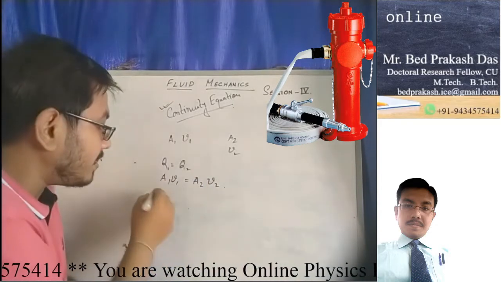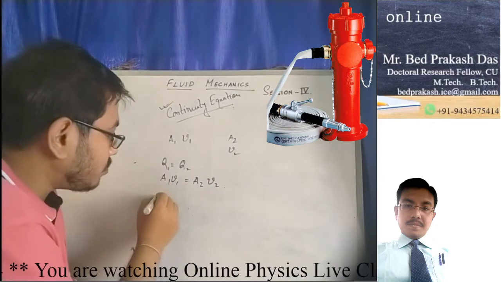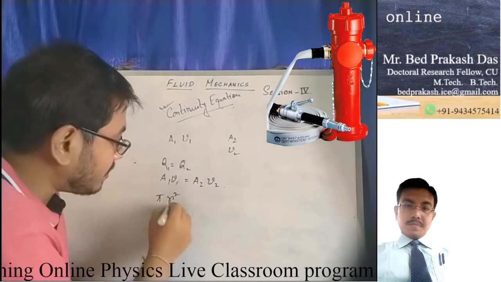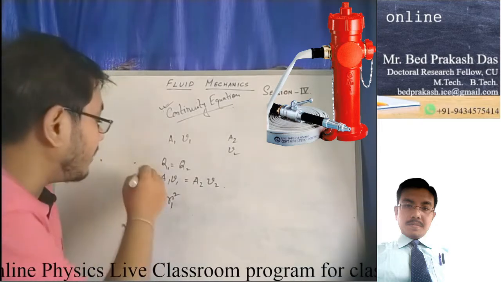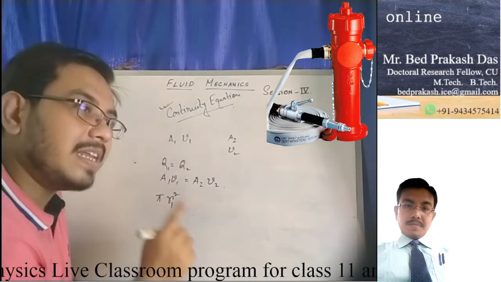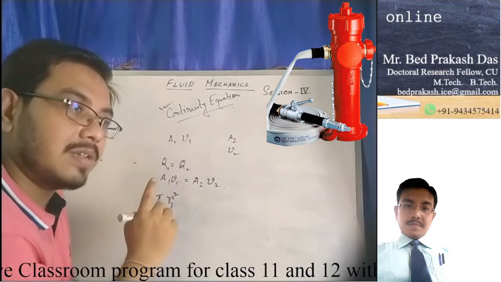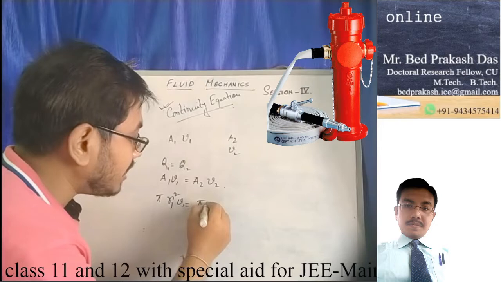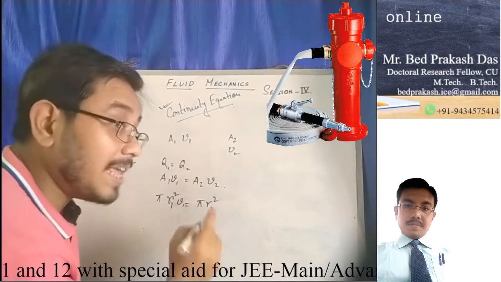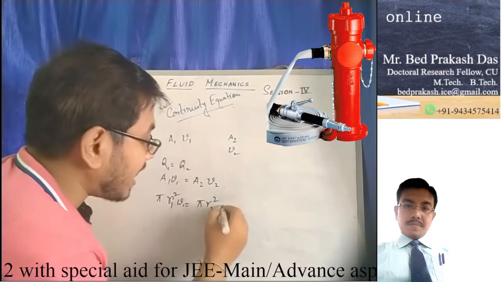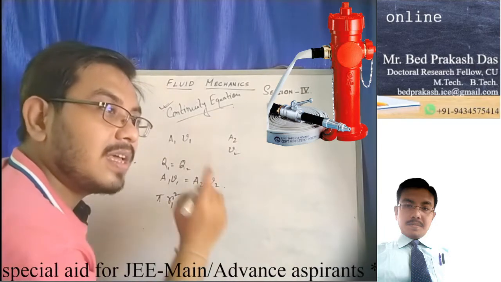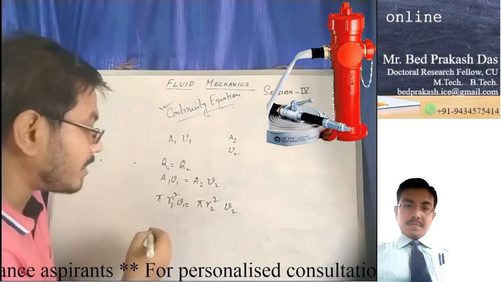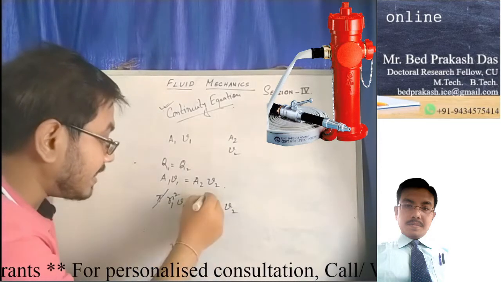The hydrant is circular in nature, so A1 is pi r1 squared, where r1 is the radius of the hydrant nozzle, and A2, the cross-sectional area of the pipe opening, is pi r2 squared, where r2 is the radius of the pipe. The velocities are V1 and V2. Now the pi gets cancelled out.